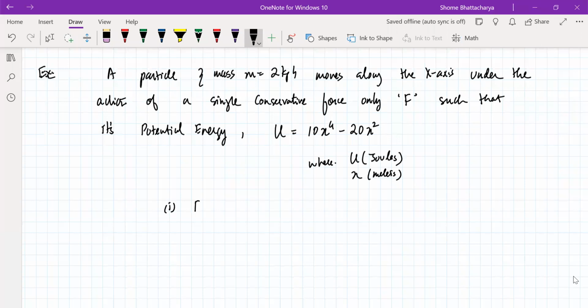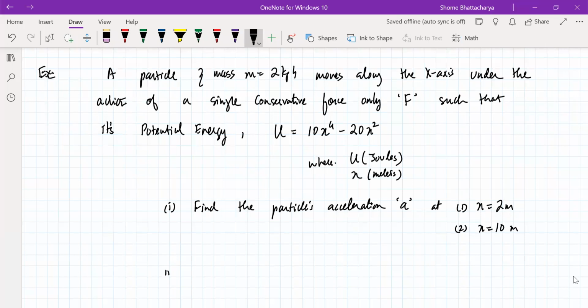So first of all, find the particle's acceleration at a given position, and locate the positions of any stable and unstable equilibrium points.